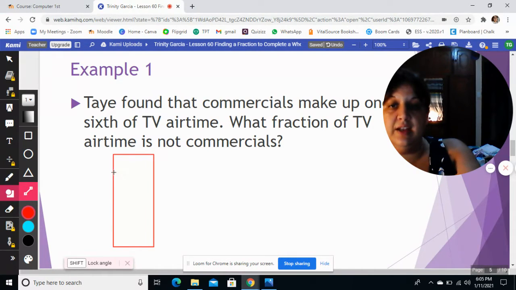And I'm going to divide it as close as I can to even without using a ruler into 6 equal parts. So there's 3, 4, 5, and I'm going to have to add down here one more rectangle because I ran out of space.